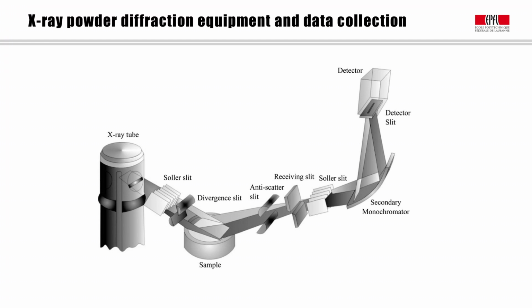To improve the quality of the XRD data, several so-called optical devices are used to focus, collimate, and filter the X-ray beam. Solar slits, divergent slits, anti-scatter slits, and/or receiving slits are all used to condition the beam and remove background noise.